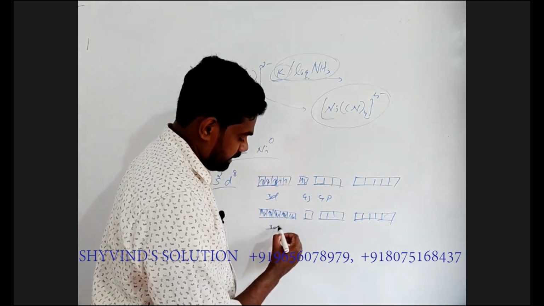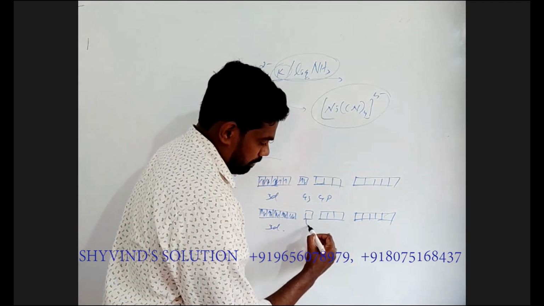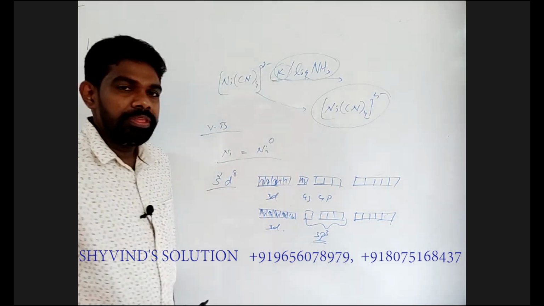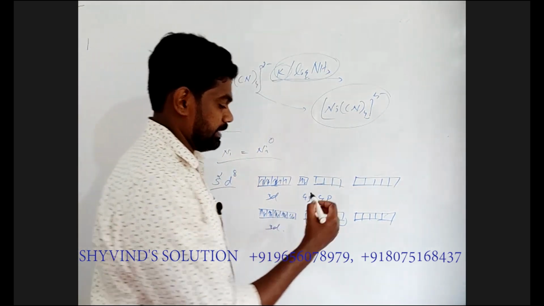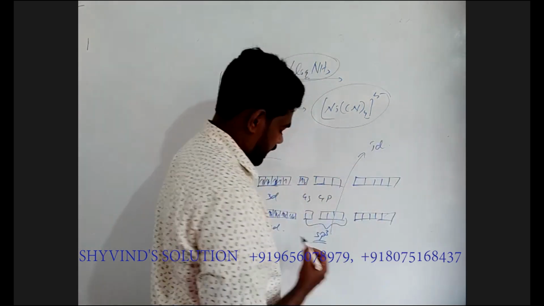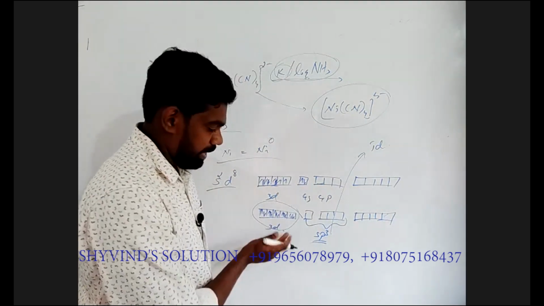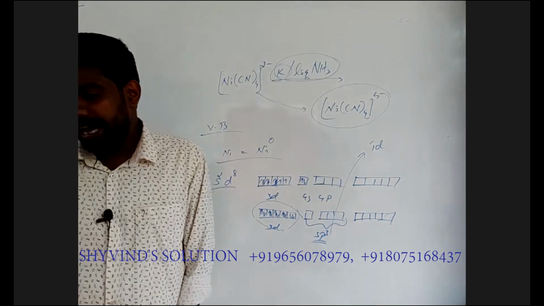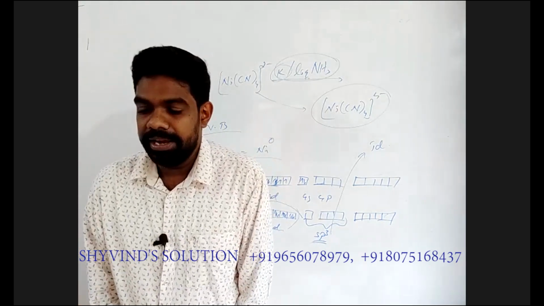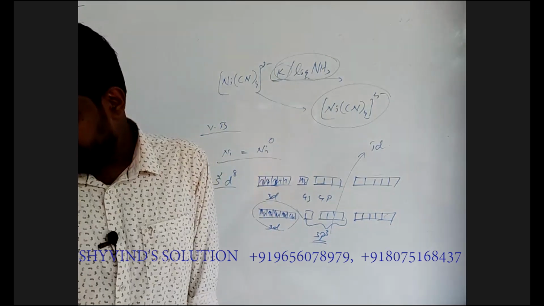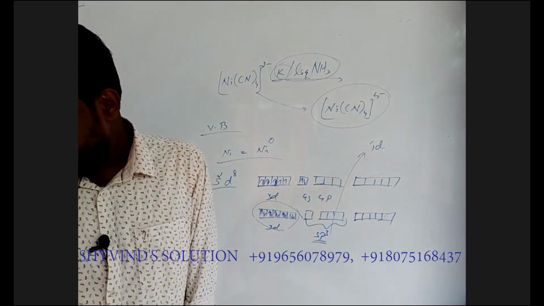So it can undergo only sp3 hybridization, the only possible way. So if it undergoes sp3 hybridization, the structure should be tetrahedral, and all the electrons are paired here. You can see it here. So it's a diamagnetic molecule. So the answer is tetrahedral and diamagnetic. Okay. So the answer is option 2.